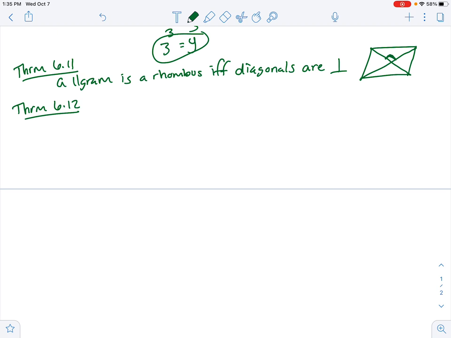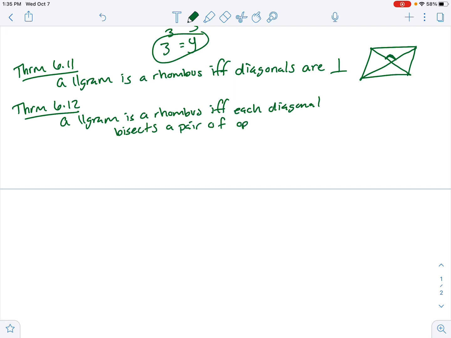Next one's theorem 6.12. A parallelogram is a rhombus if and only if each diagonal bisects a pair of opposite angles.